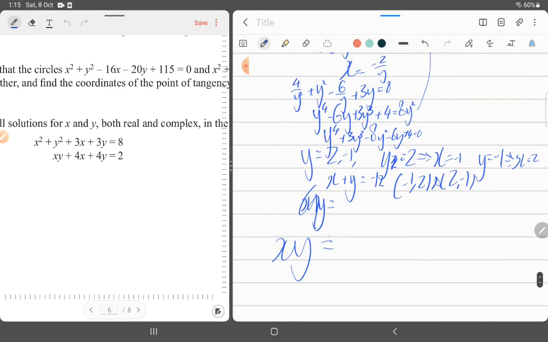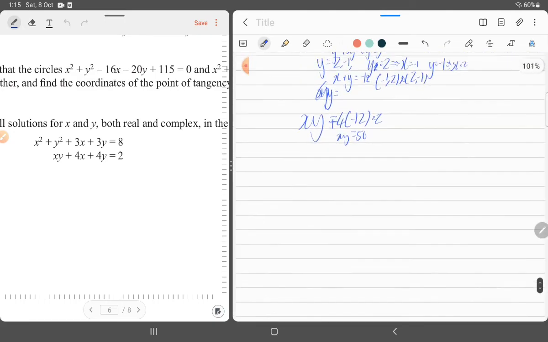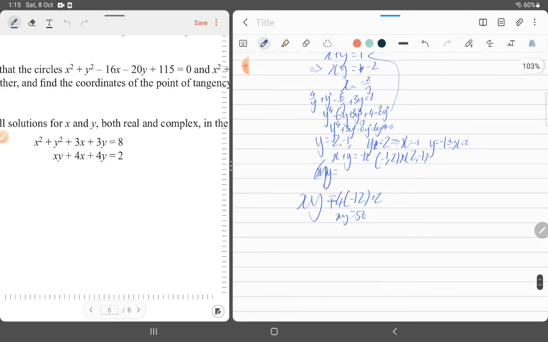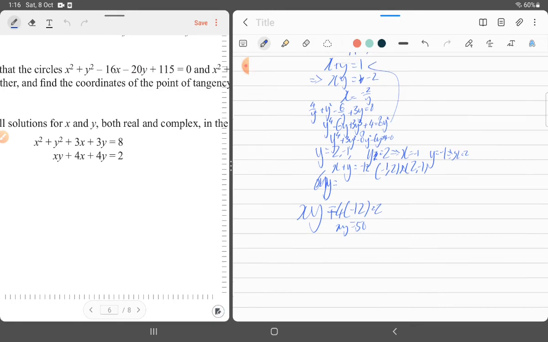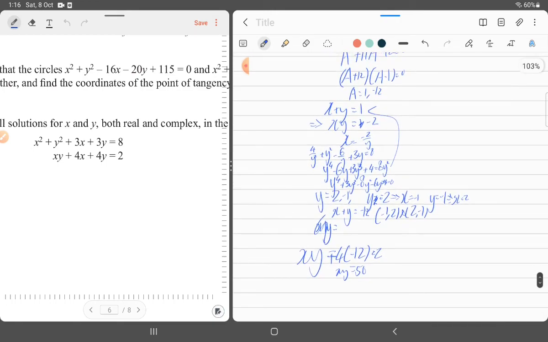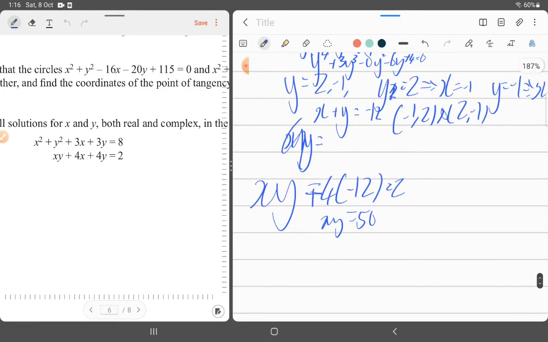So xy plus 4 brackets 12 equals 2. Xy equals 50.